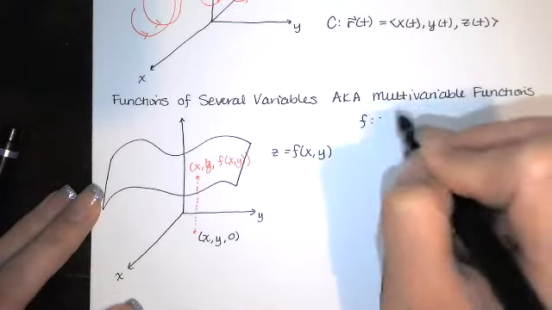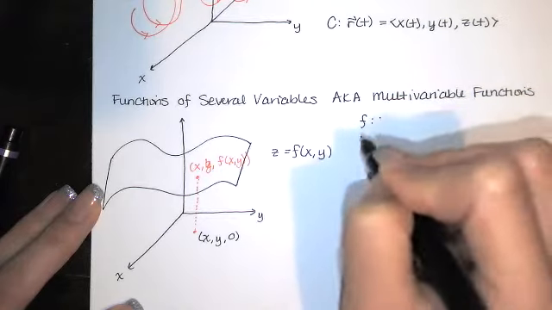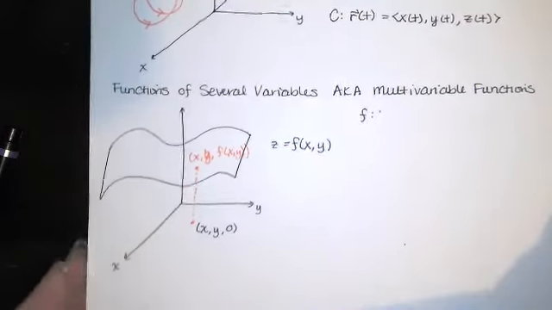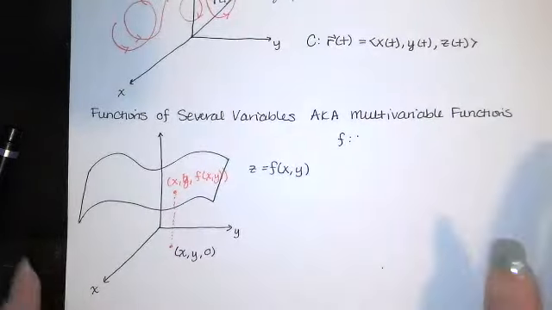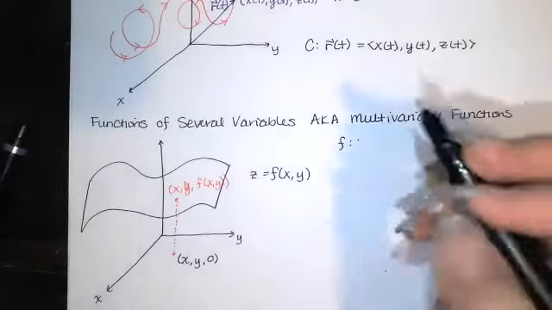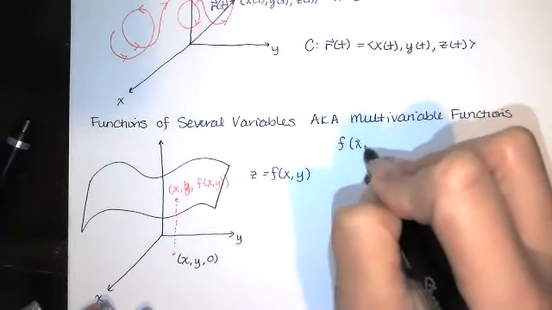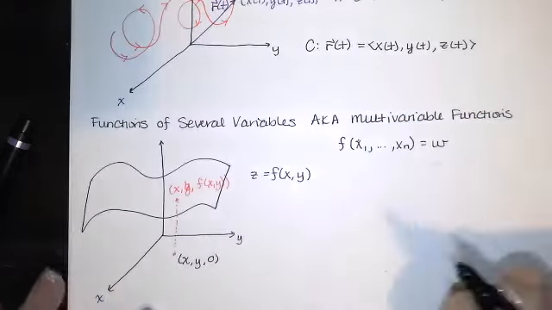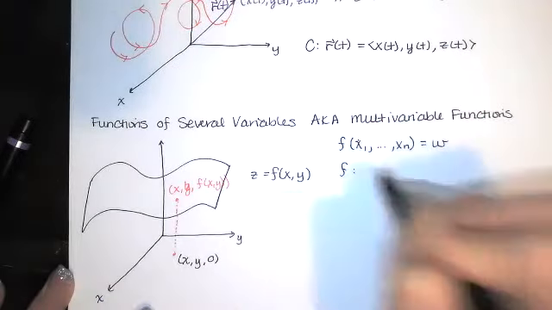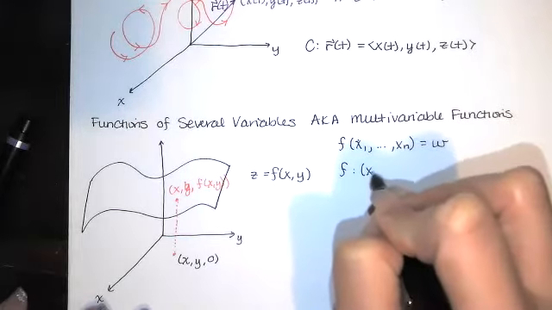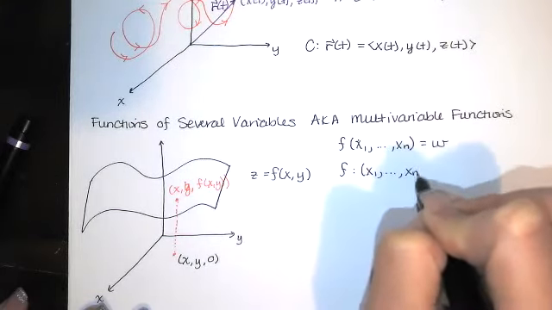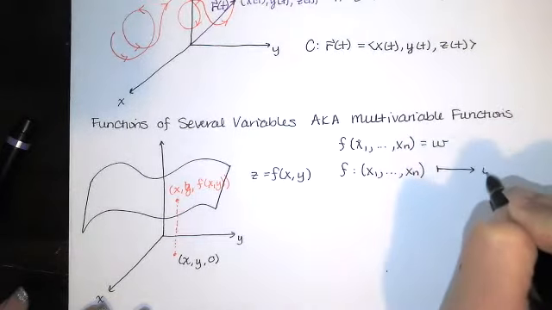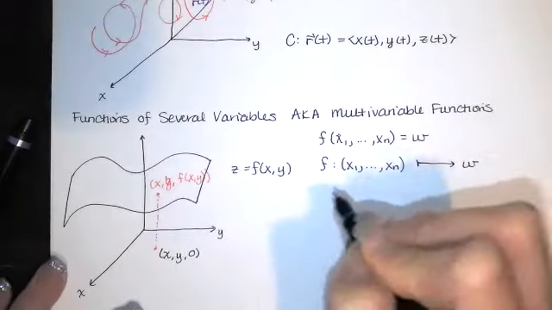Only now, let's not focus on this function of two variables mapping to a single variable. Let's go back to n dimensions. Let's say I've got a function of x sub 1 through x sub n, and that gives me w. Well, in general, that's going to take this ordered n-tuple, x sub 1 through x sub n, and map it to a real number w.